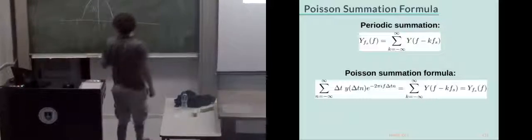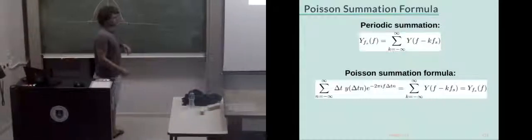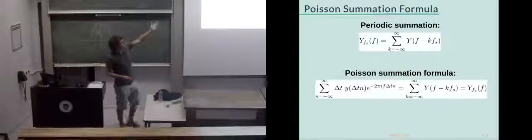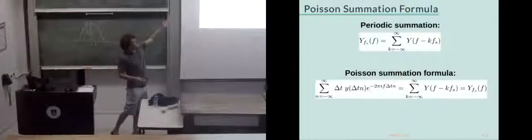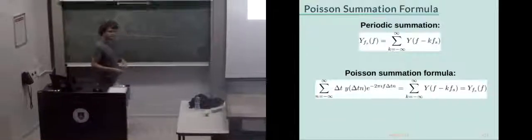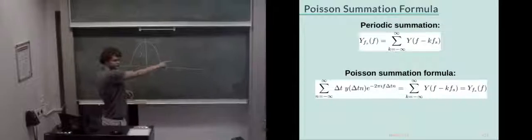Fs is just a number here, and let's say I'm taking k equal to 1, so the function of f minus fs. What does that look like? It's just shifted to the right.